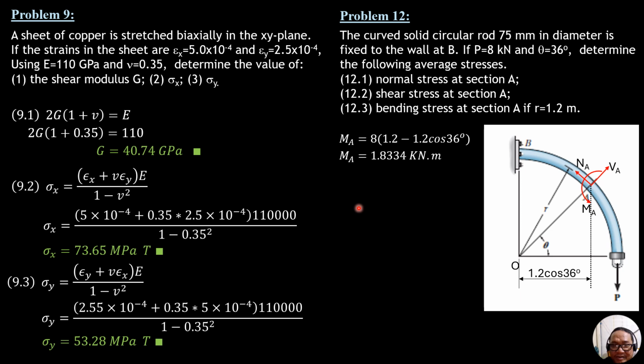So summation of moment about O equals 0, NA times R, which is 1.2, equals load 8 times 1.2. So NA times 1.2 plus moment, which is counterclockwise 1.8334, equals 8 times 1.2.